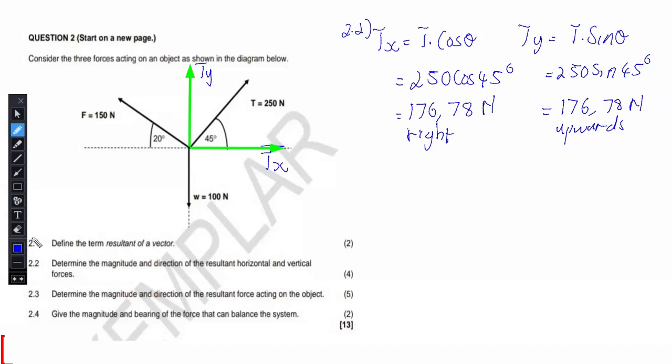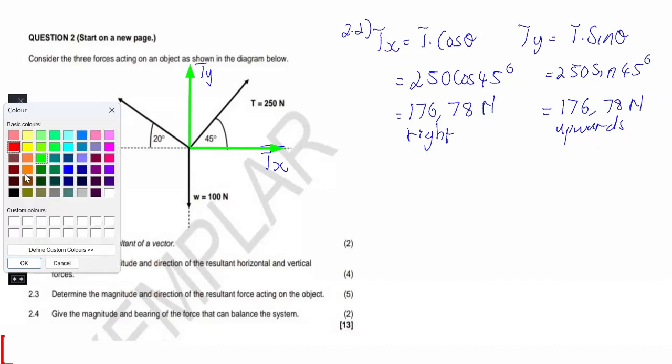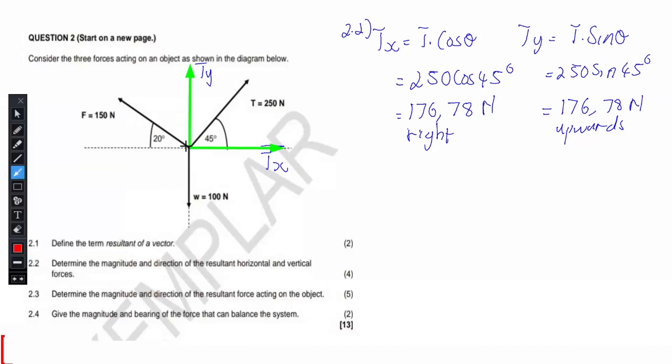Now let's go to the applied force. Let's resolve once more. The applied force will have components Fx in that direction, and Fy in that direction. Remember, it's now the force. Now let's calculate Fx.